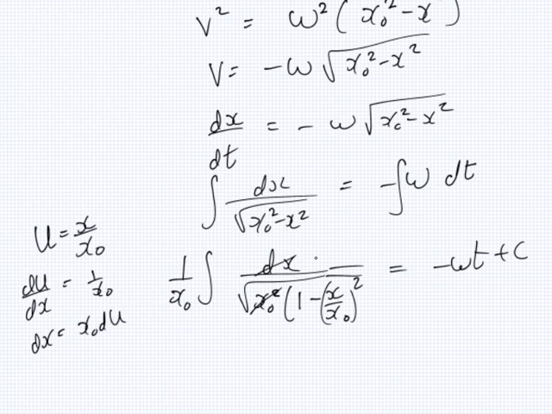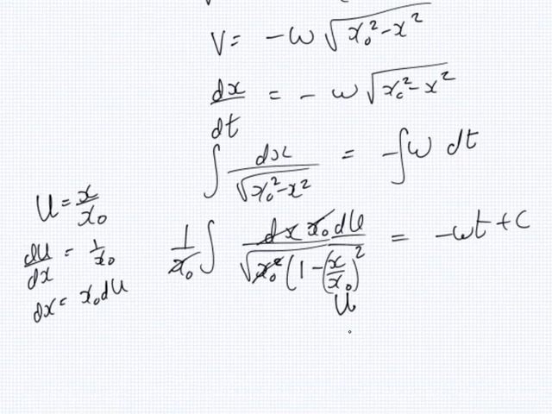I can replace this with x0 du. That's wonderful because the x0s cancel, and this becomes u. And if we integrate 1 over square root of 1 minus u squared, I think it's sine or cos.